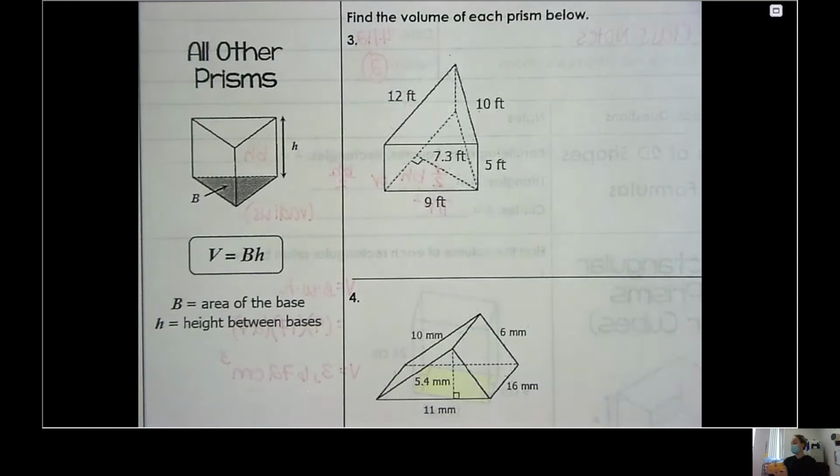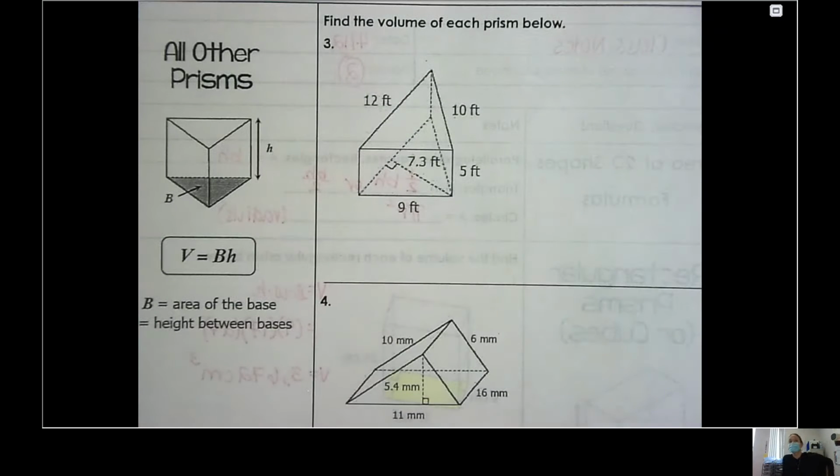So we're going to find first the area of the bottom piece, right? So in a triangular prism, we're going to find the area of the triangle, and then we're going to multiply it times the height of the whole prism. So we're going to find the area of the bottom first, and then multiply it times the height of the prism. So in number 3, which type of prism is number 3?